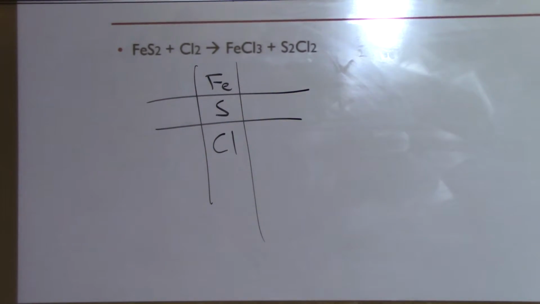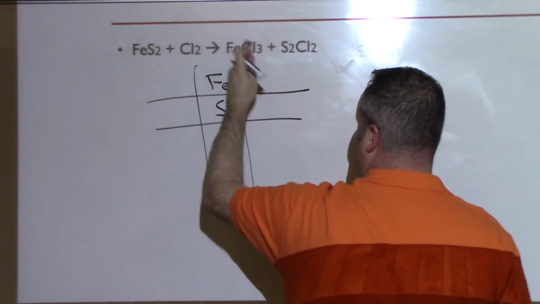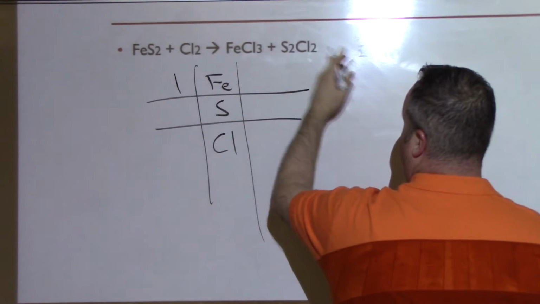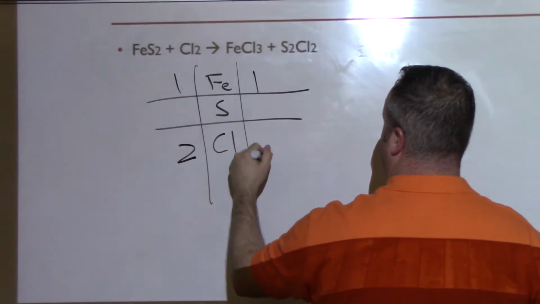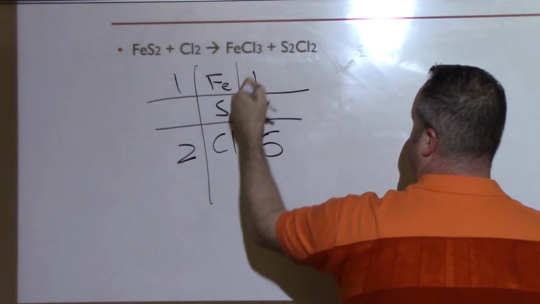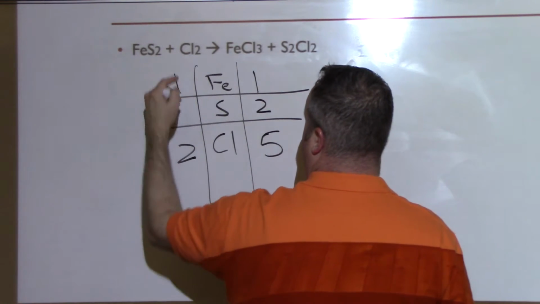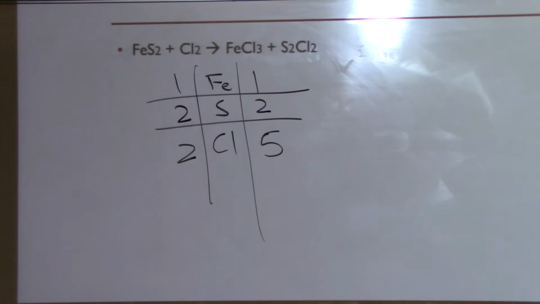All right, so let's go ahead and count what we have. We have one iron. In the total side we have one iron. Over here we have one iron. We have 2 chlorine. We have 3 plus 2, which is 5 chlorine. We have 2 sulfur, and we have 2 sulfur. So as you can see, it's looking like it's almost balanced.